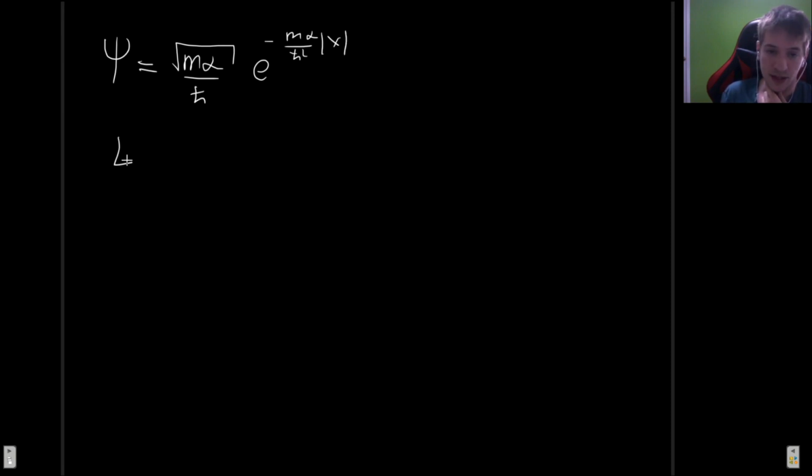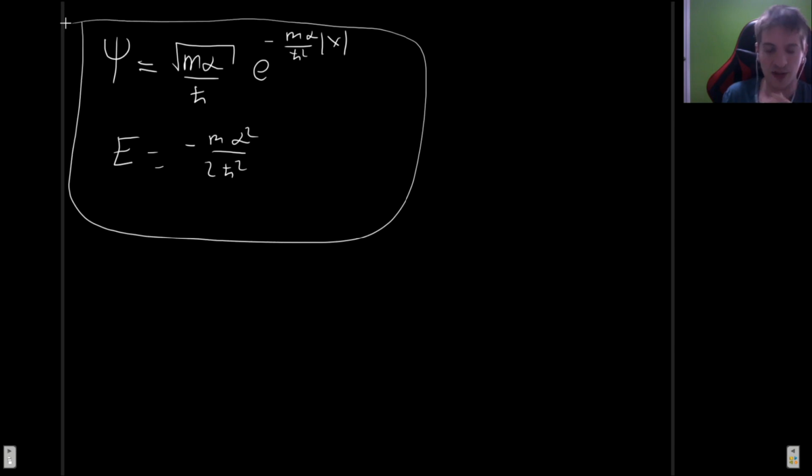And then there are the energies that we already found. Let me just go back. I think it was minus m alpha squared. I think I'll just go back. I really don't trust my memory. Yeah, minus m alpha squared divided by 2 h bar squared, right? Just double checking once more.